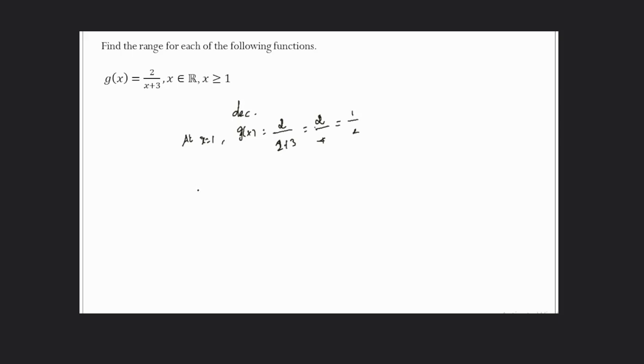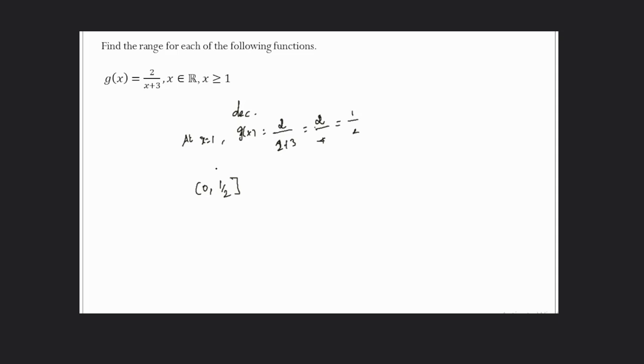So the range is 0 to 1 by 2 with a closed bracket, because 1 is included in the domain, so 1 by 2 is included in the range, and the function is decreasing, so it approaches 0 at the minimum.